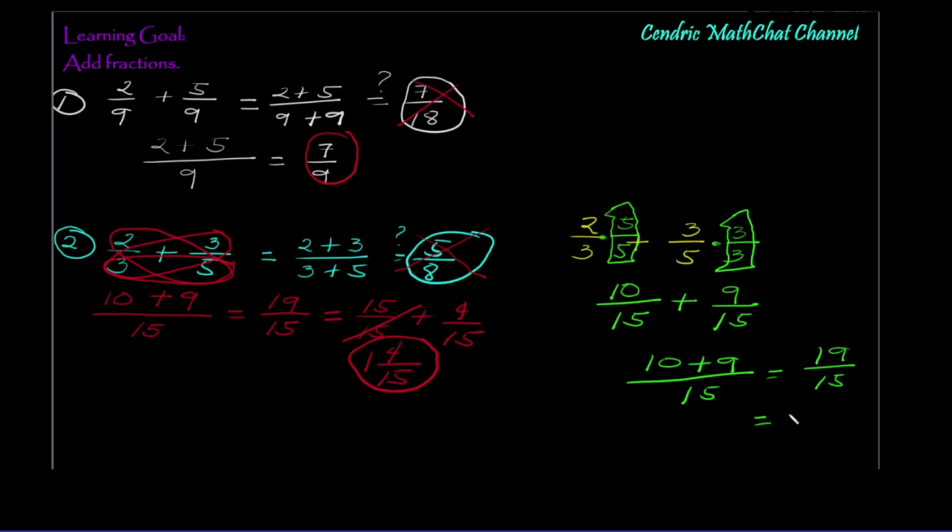So if you take a look at this, your 10 plus 9 all over 15 is basically the same thing as 10 15ths plus 9 15ths. 2/3 is also known as 10 15ths. 3/5 is equivalent to 9 15ths. So going back, just multiply them diagonally. Same thing with your denominators here.